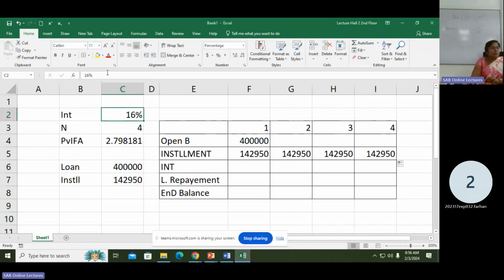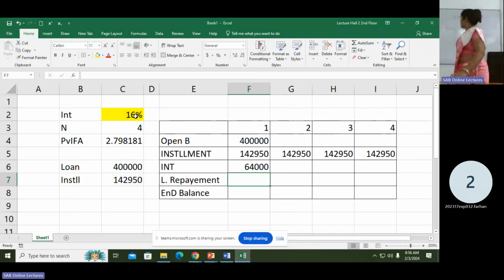The interest rate for this loan is 16%. Then you can calculate the interest component for year 1. For year 1, the bank calculates interest on 400,000. Therefore interest for year 1 is 400,000 into 16%, which is 64,000.